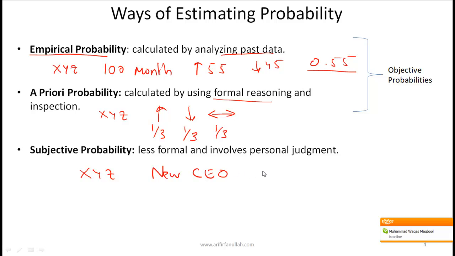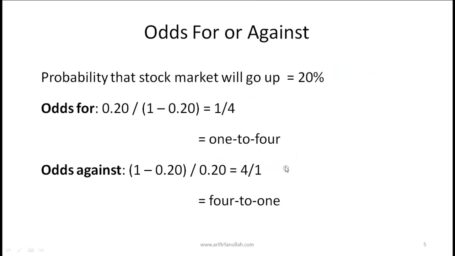So I indicate that in my opinion the probability of the stock going up is 0.7. Since this is based on my personal judgment, we would call this a subjective probability. This is subjective, and by that token we can say that empirical probability and a priori probabilities are objective probabilities.